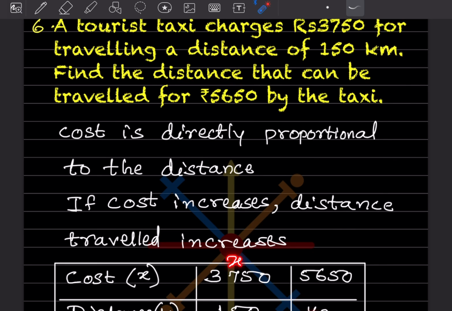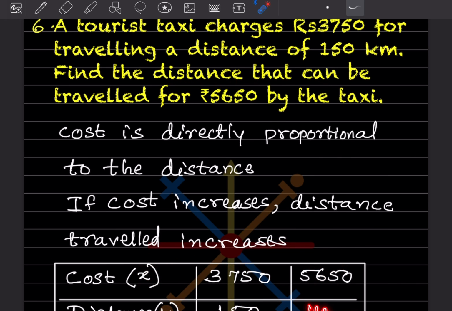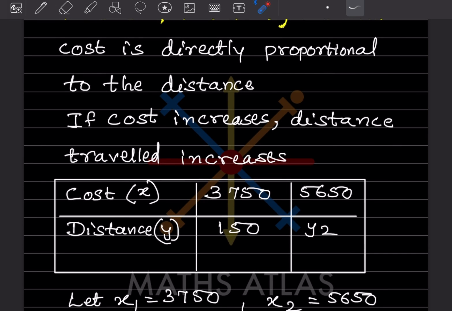So here we will consider this x1 and this x2. We will consider y1 because we have considered x and y. This will be y1 and this will be y2. You have to find the distance that can be traveled for 5650. So in place of this cost, you are going to put 5650, and we don't know the distance. So this is the distance part. Here we can just write y2, or you can use any variable. So now we will just write the same thing. This is x1 as I said, this is x2, this is y1, and this is y2.